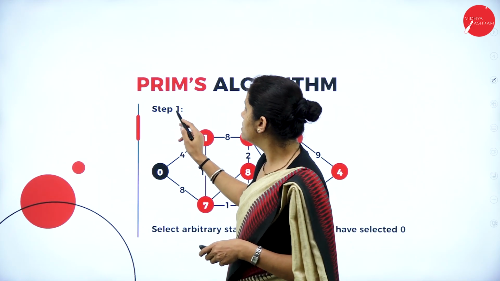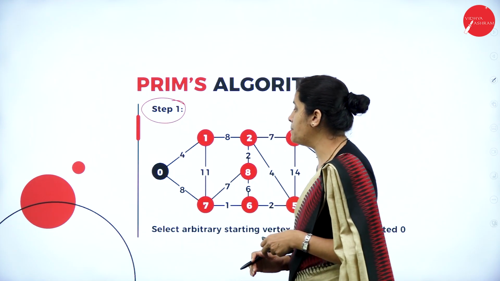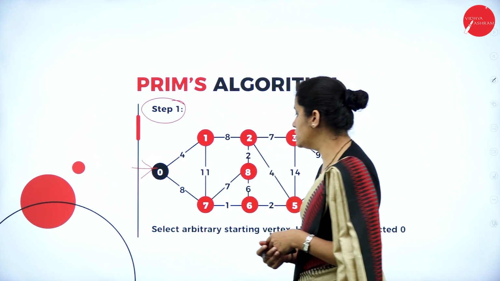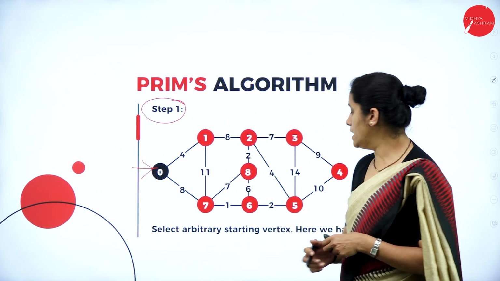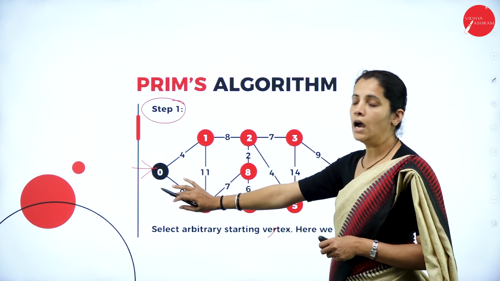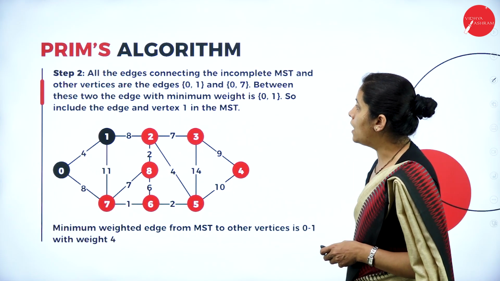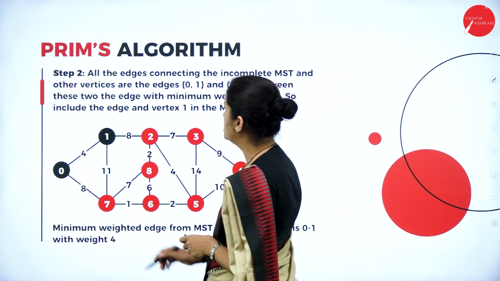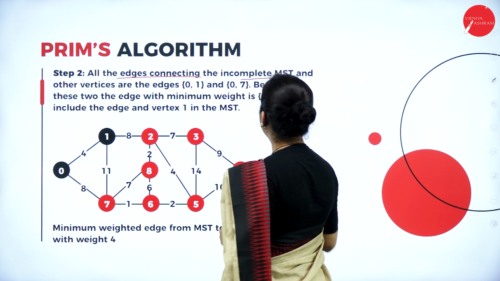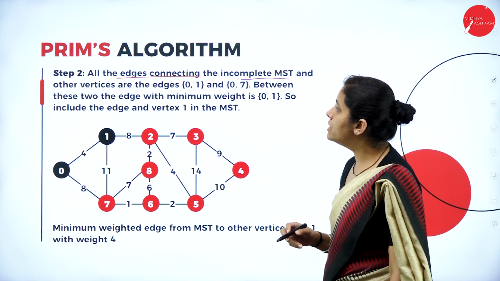Anyway, let's solve this example. In my first step, what is my starting point? Arbitrarily, I'm going to select the vertex, and I'll select 0 as my starting point. Now, in step 2, see all the edges connecting the incomplete minimum spanning tree and the other vertices.